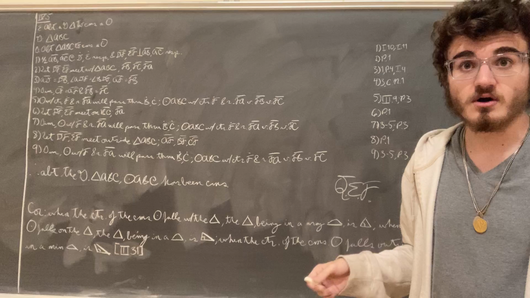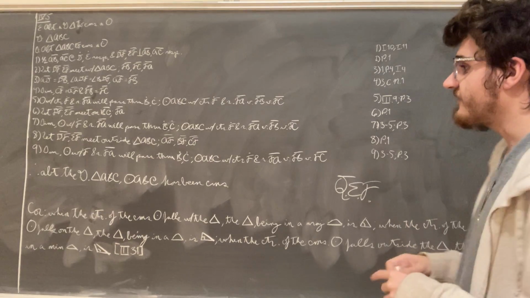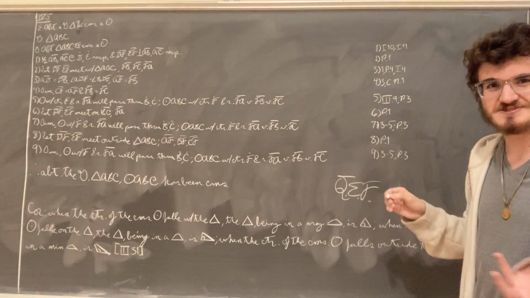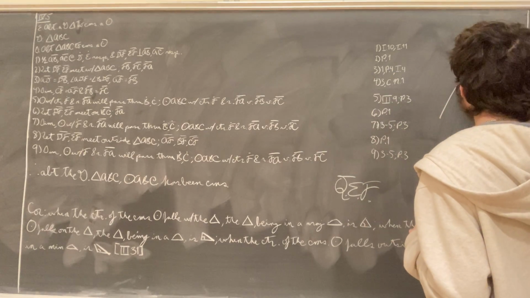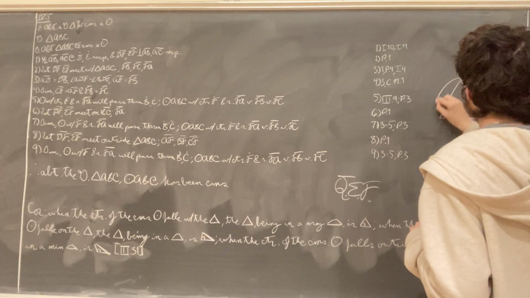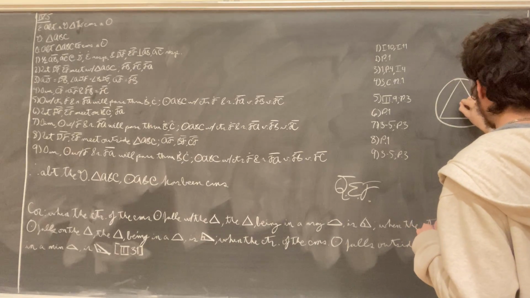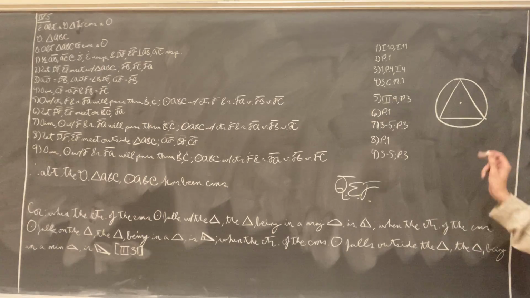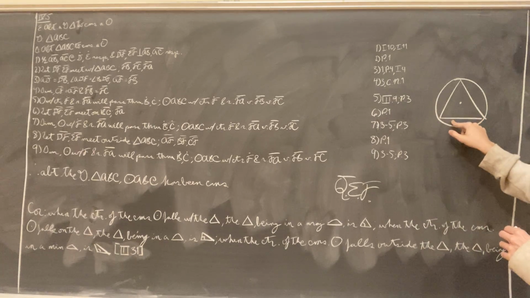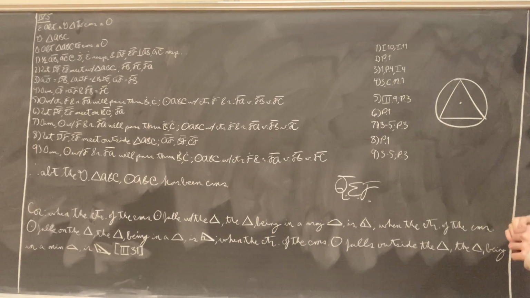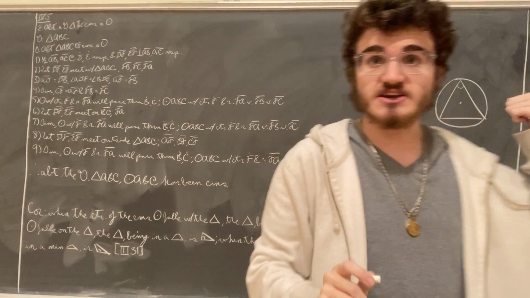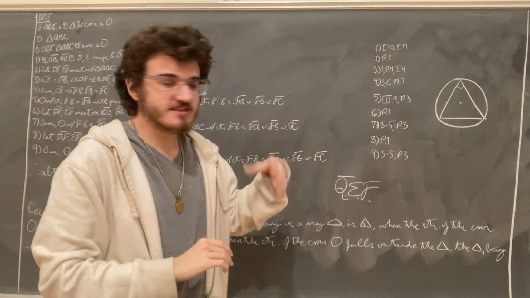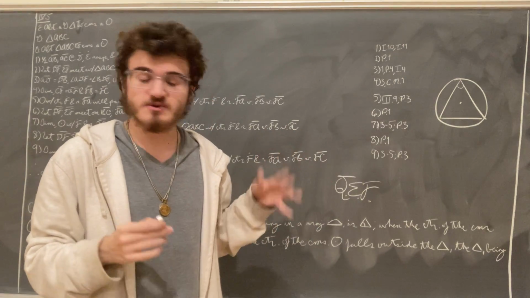Now, there's another little corollary to this proposition. If the center of the circumcircle, being the circle circumscribed about the triangle, falls within the triangle, then this triangle will evidently be in a segment which is greater than a semicircle, which means that this angle right here will be an acute angle, which means that the triangle as a whole is an acute angle triangle.